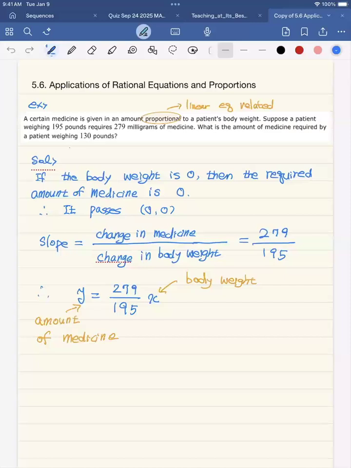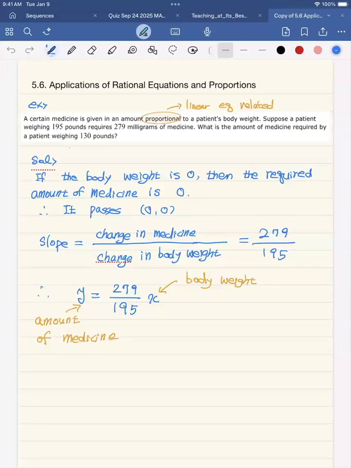What we know is this is about the medicine given to a person. When a person's weight is 0, the person doesn't exist, so the medicine amount must be 0. That means when we relate the situation with the linear equation, it passes (0, 0).